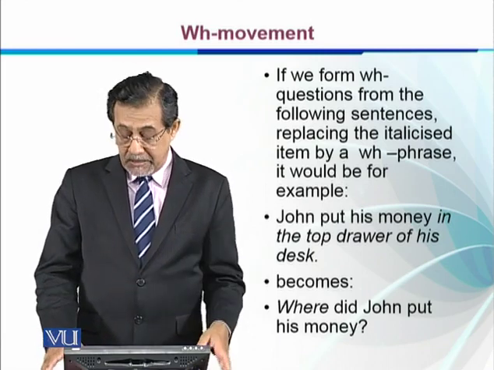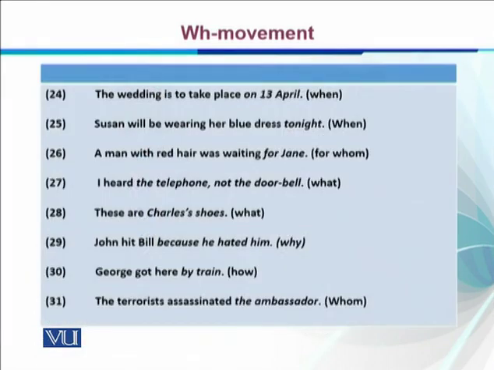So how does it take place? We see that it comes from wherever it is found in a sentence. We find that there are certain WH elements which are moved to the initial position. Let's look at those elements. For example, "The wedding is to take place on 13 April." The italicized "on 13 April" is time.